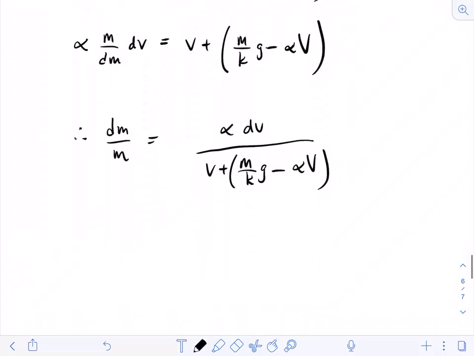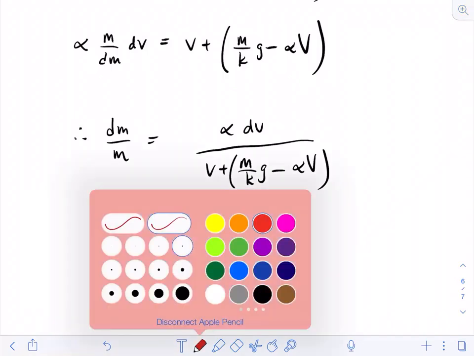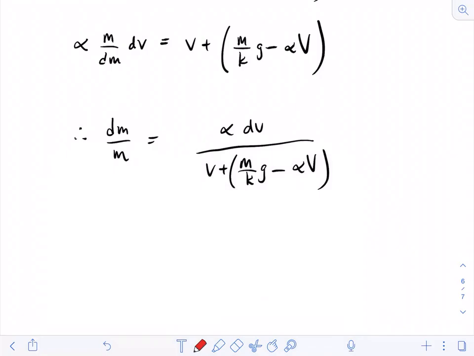Again, if we set g equal to 0, this is something that we had before, and what we could do is we could just integrate both sides. But we have a problem at the moment. The problem is we have a factor of the mass here on the right hand side.